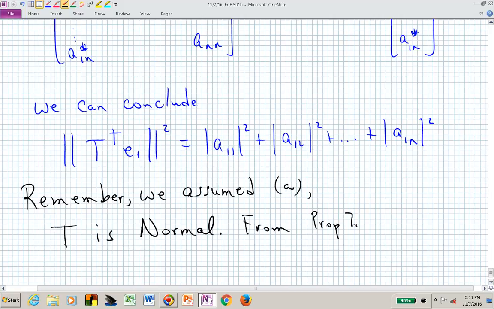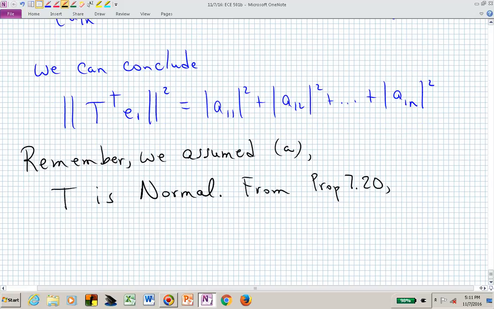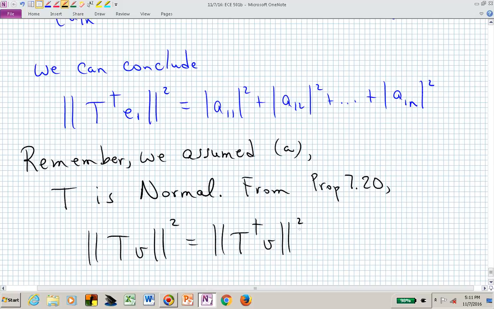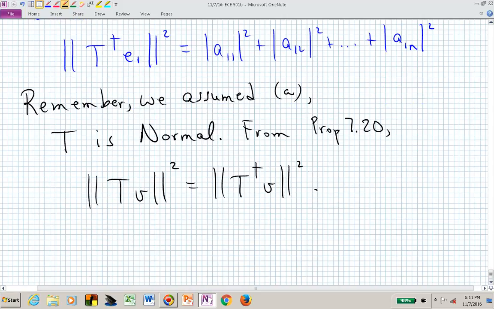What did that tell us about a normal operator and its norm relative to the norm of its adjoint operating on a vector? Those norms were equal, weren't they? So now we can say that the norm squared of TV is equal to the norm squared of T dagger V. That's proposition 720. That was true for any vector V. Well, if it's true for any vector V, let's use it on one particular vector, V being E1.